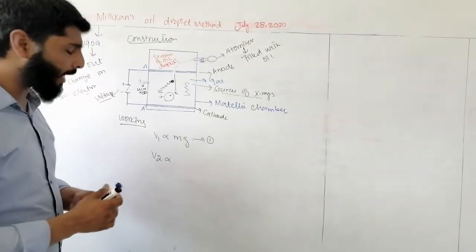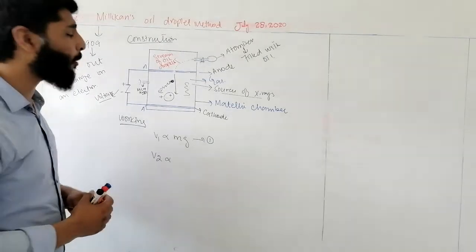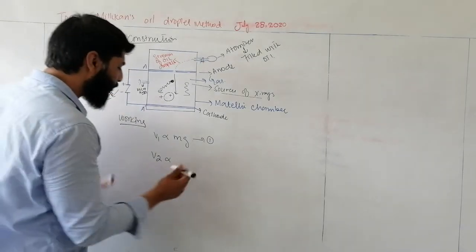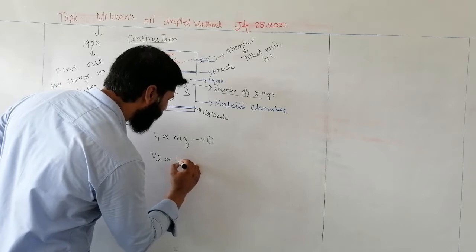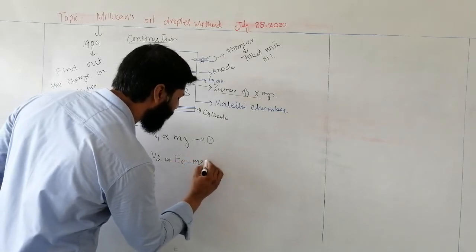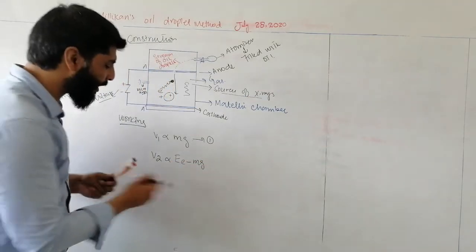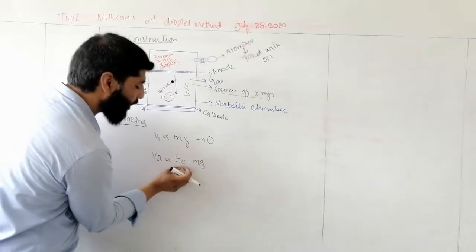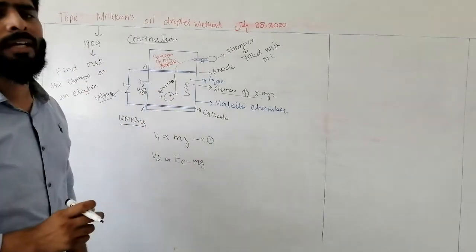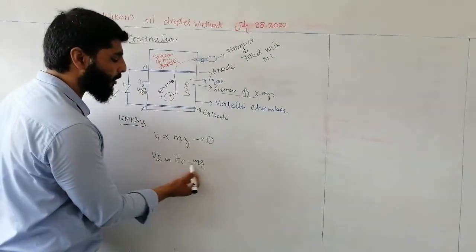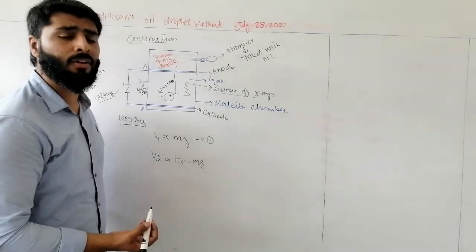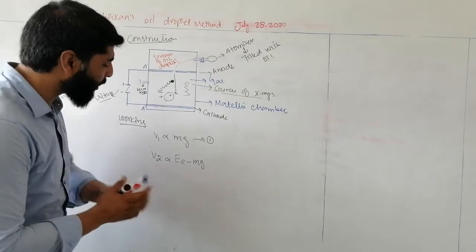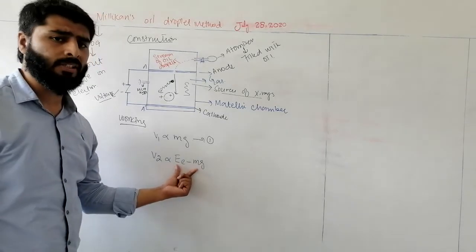Students, he observed that the velocity with which the droplet moves after the application of the external electric field will be directly proportional to capital E times e minus mg. Here capital E is the strength of the applied electric field, e is the charge on an electron, and mg refers to the weight of the droplet. The velocity v2 depends upon the difference between these two parameters.